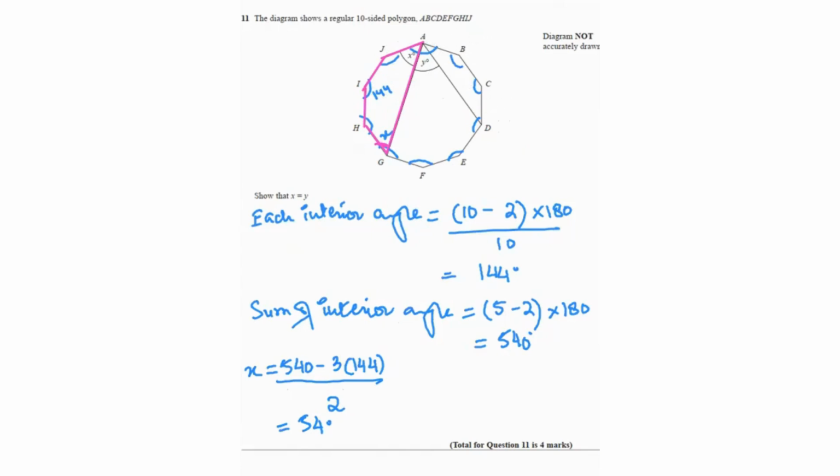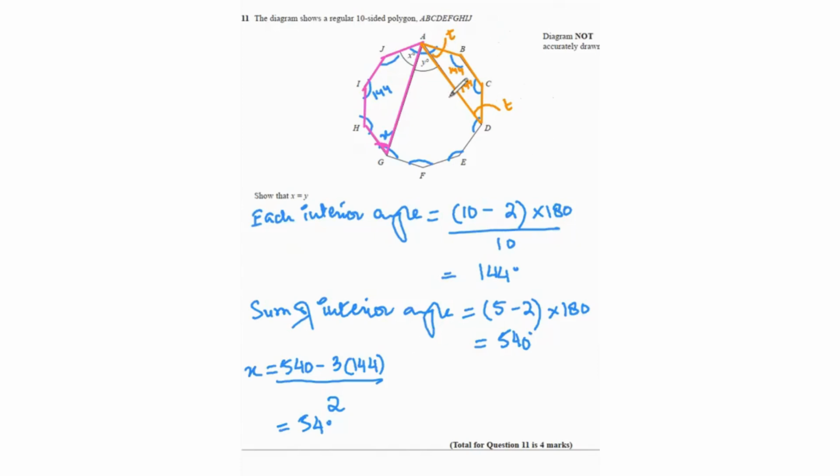If you look at the other polygon inside this polygon, let me highlight it. This one, we can again see that we have two 144s, and then we have two equal angles over here. So let me call this T. This is 144, this is 144. So we can easily find the value of T over here and then use that to figure out the value of y.